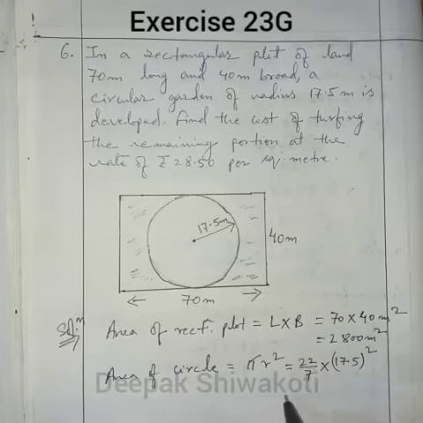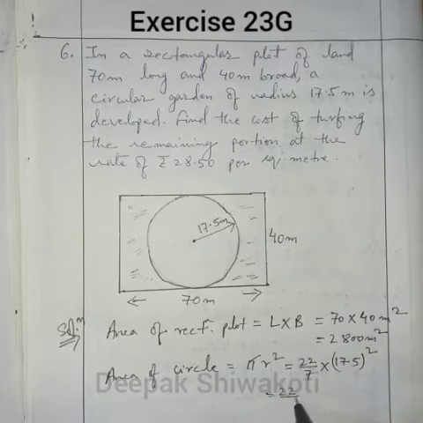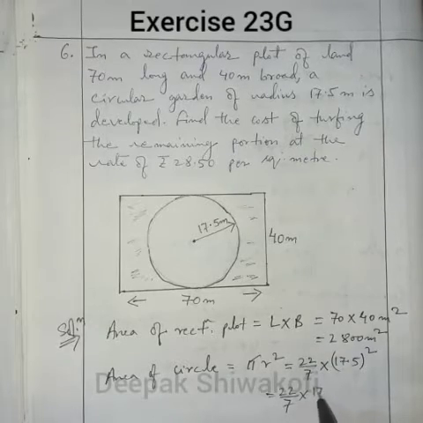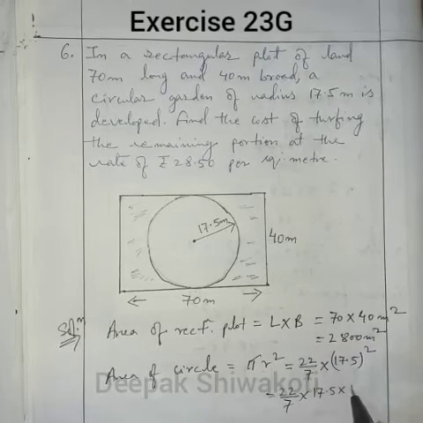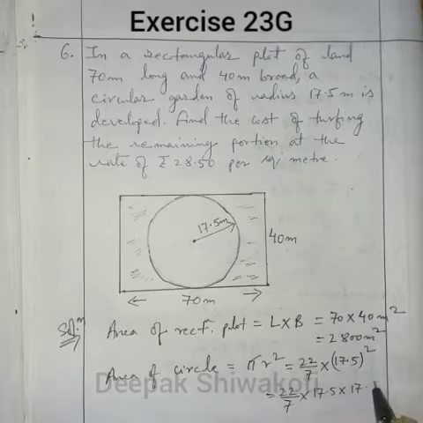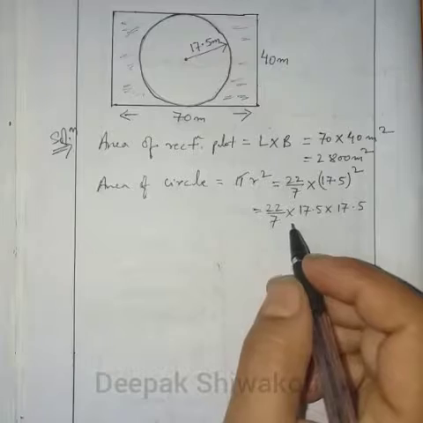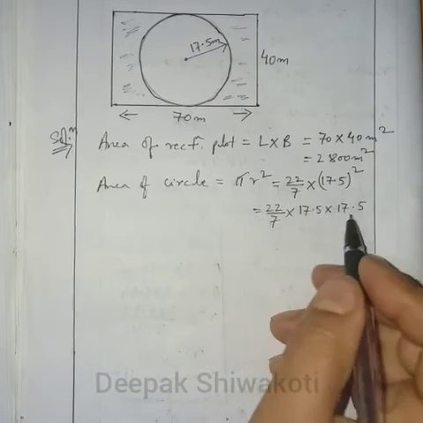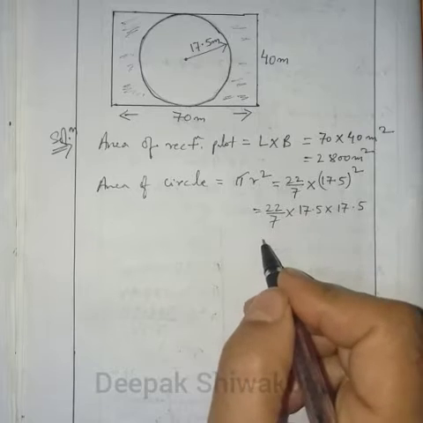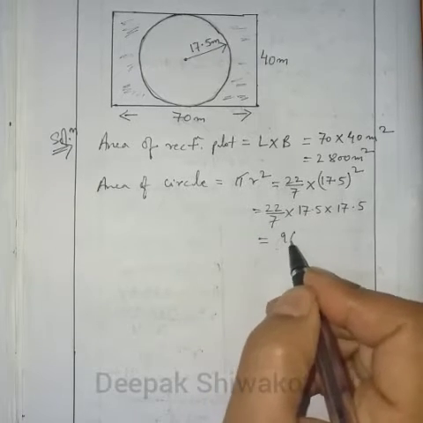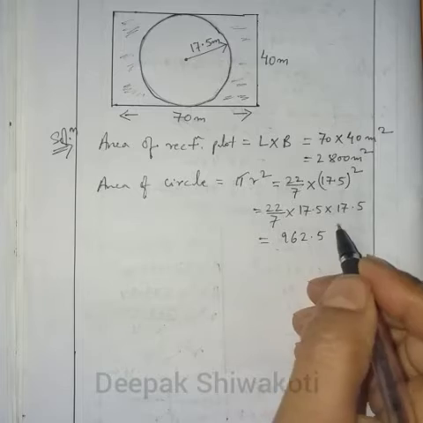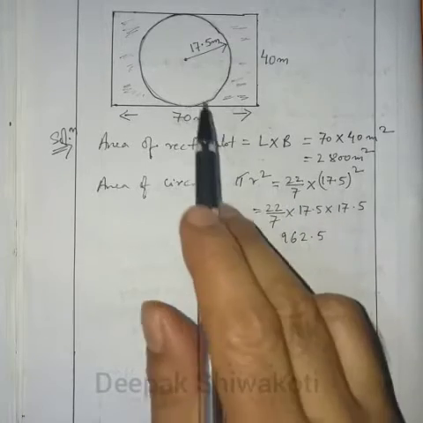So 22/7 into 17.5 into 17.5. Simplifying this part, we will get 962.5 meter square as the area of this circle.